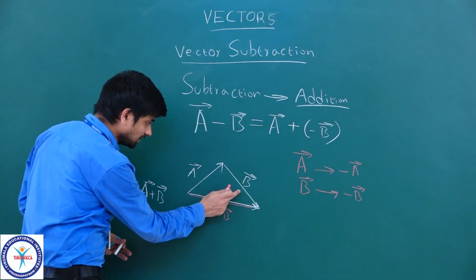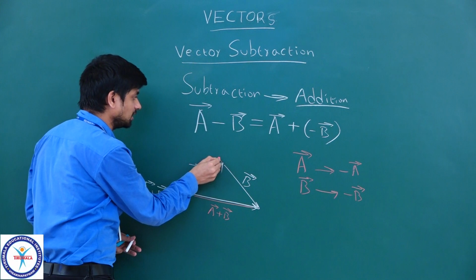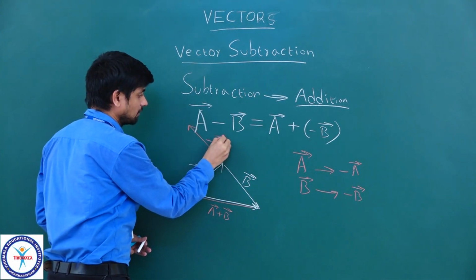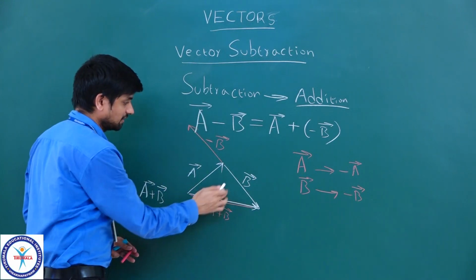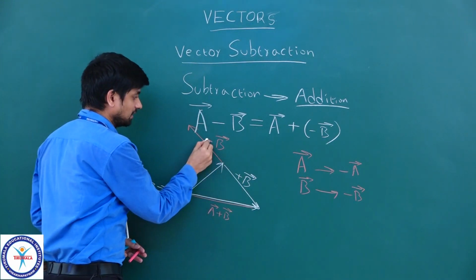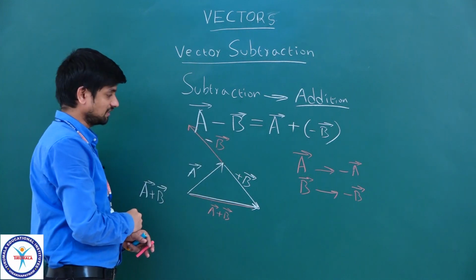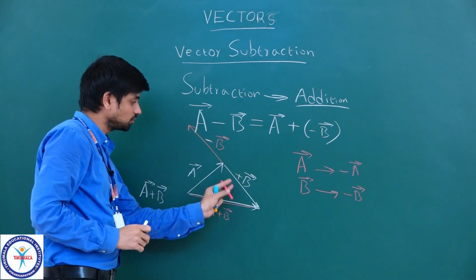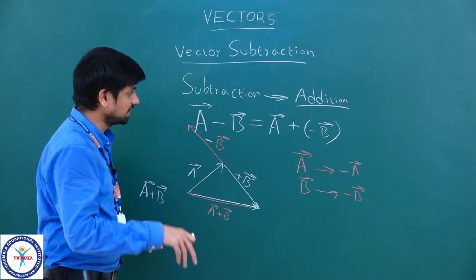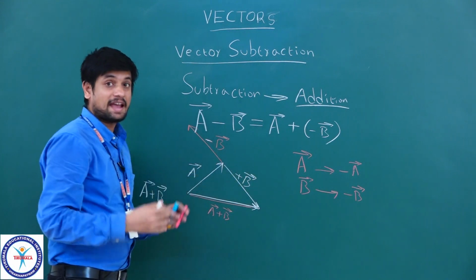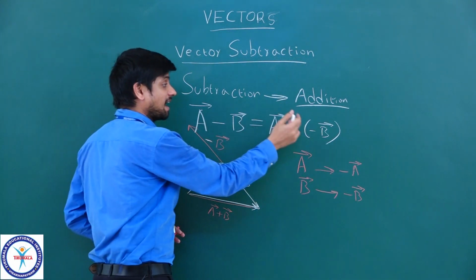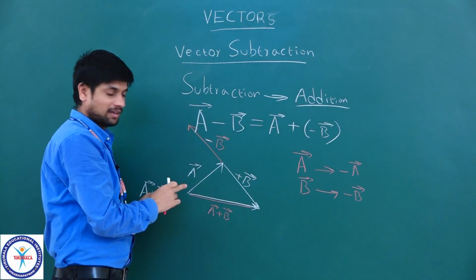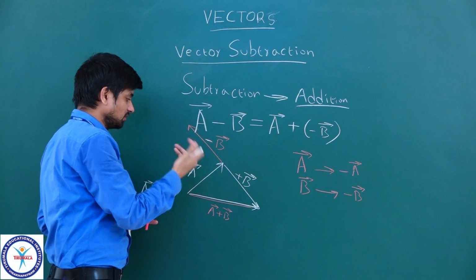That means, if this is B, this will be minus B. See here, this is plus B, this is minus B. Same magnitude, same size, but opposite to the vector B. Here also, I am adding vector A and the opposite vector of B. Now I am adding A and minus B. So, join now.